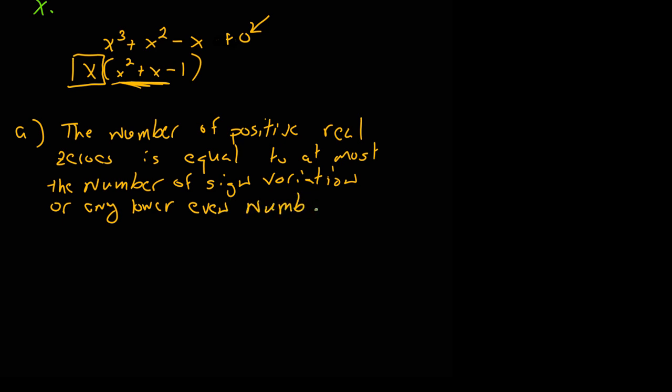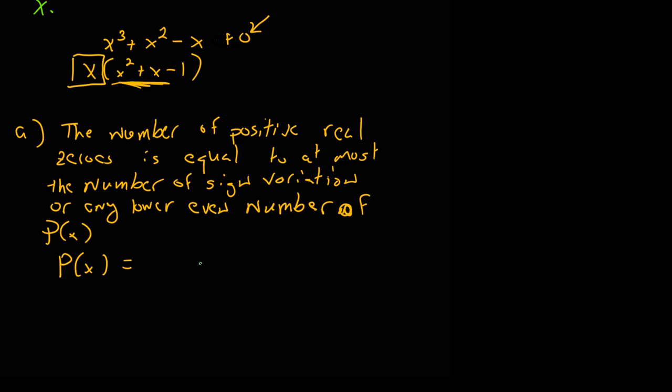So let's show this. Number of sign variations, and even number, of the polynomial we're looking at. So if I want to find out the number of positive real solutions, I count how many times the sign changes. So let's look at that in a number here.